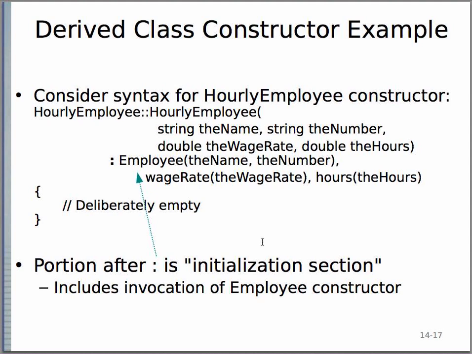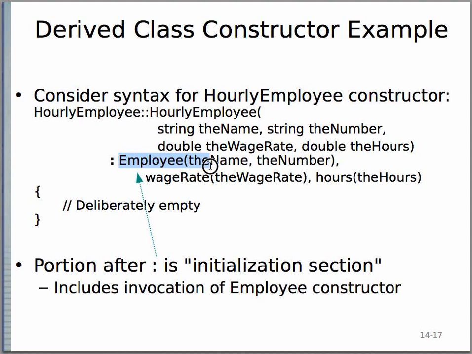Okay, so here it is shown again. In this case, and actually in all of the constructors we have in this example, the actual method body of the constructor is empty. You don't have to put in anything. You don't have to put this comment either. It's just there to show you that these constructors are all pretty much empty because all of the initialization is handled in this initialization section.